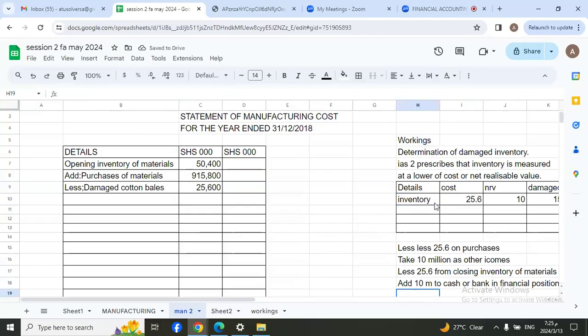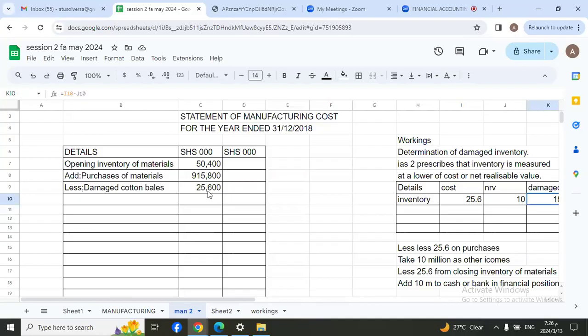I'm saying that the inventory of 25, when we go to sell, we are selling it at 10. So the damaged stock I've told you it is 15.6. How are we going to account for this? We are saying that less 25.6 on purchases. We are together? Yes.